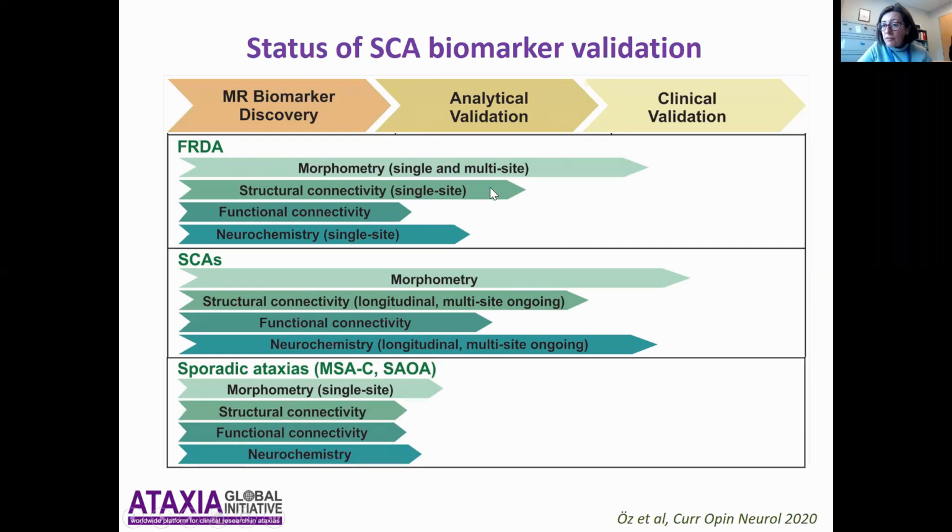Then they need to be validated for reproducibility, for sensitivity to change, sensitivity to disease onset, etc. And then they need to be validated clinically in large cohorts in multi-site settings. And these are the different modalities, and these are roughly displaying where this validation effort is in each of these different types of ataxias. So there's a lot more work to do for most of them.